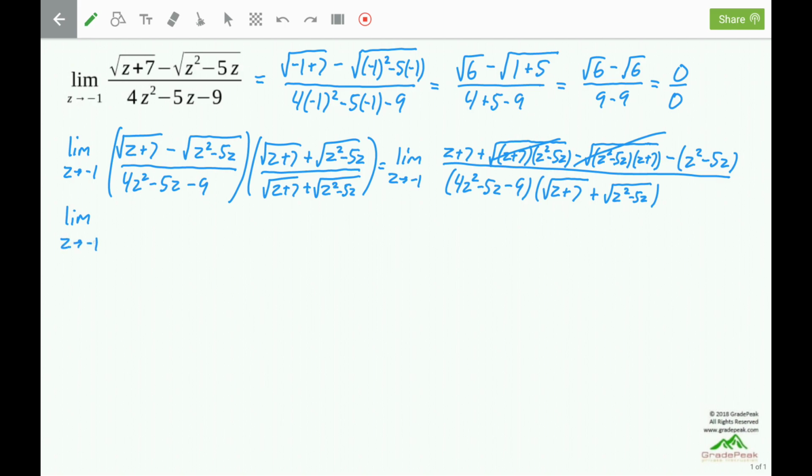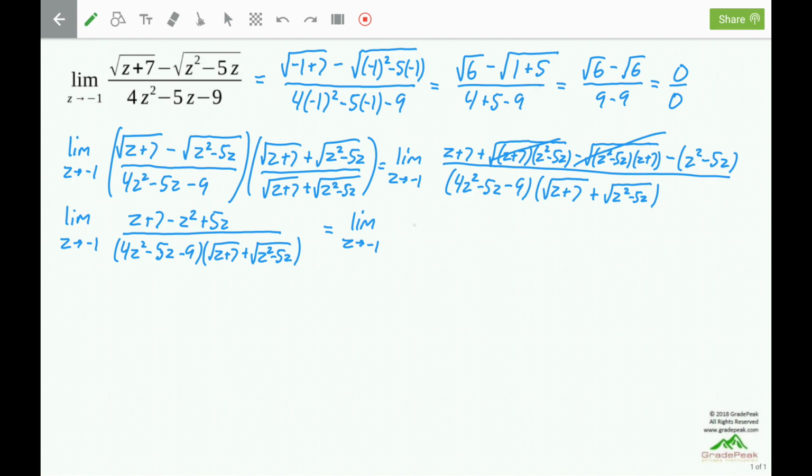Limit as z goes to -1 of z plus 7 minus z squared plus 5z, divided by that denominator we're just going to leave alone, 4z squared minus 5z minus 9 times the square root of z plus 7 plus the square root of z squared minus 5z.